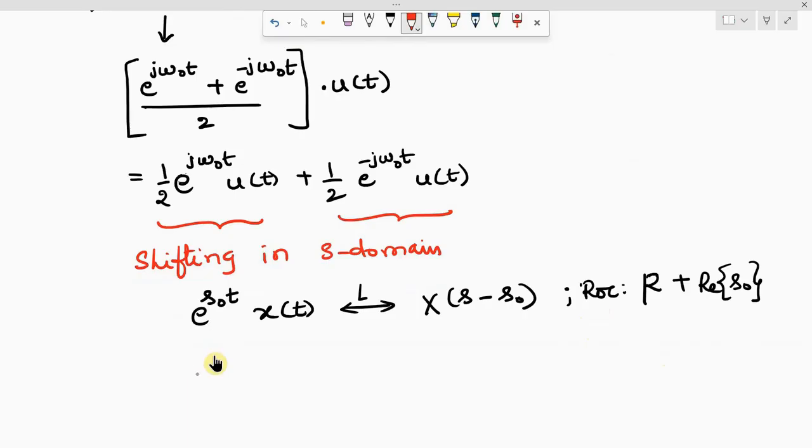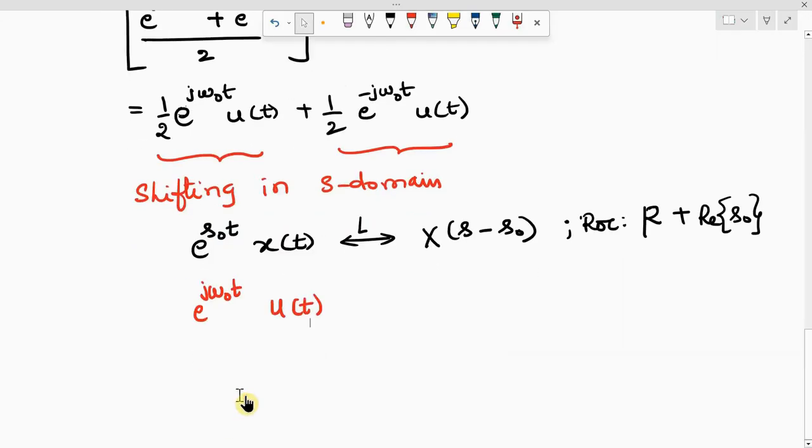I'm rewriting this. You have half as a scaling factor, no problem. e power of j omega naught t, and in place of x of t, you have u of t. The other function is e power of minus j omega naught t into u of t. Now, in place of s naught, what do we have here? j omega naught.